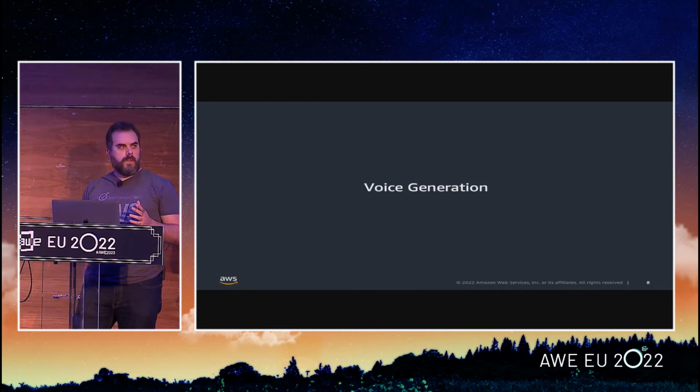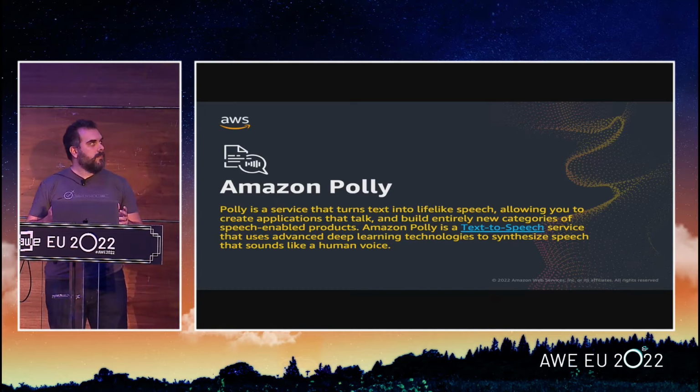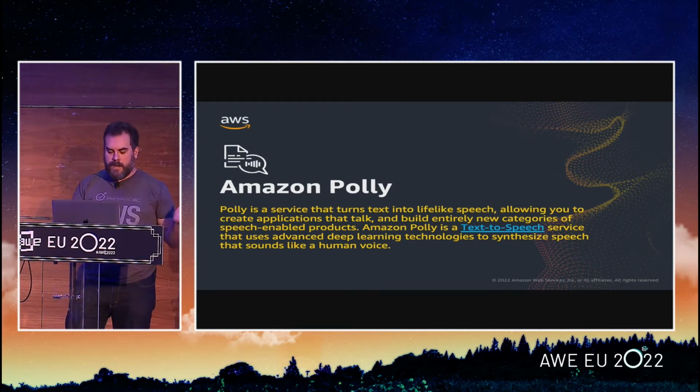So the first step in creating an intelligence for a digital human is the voice generation. How can we create the voice? Here we have Amazon Polly. Amazon Polly is a fully managed service in the space of the AI services we have. It's a text-to-speech service, fully managed.